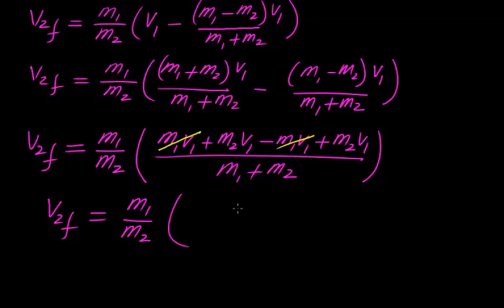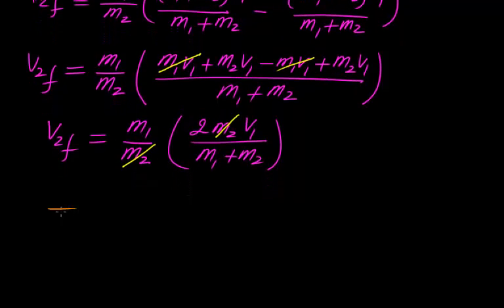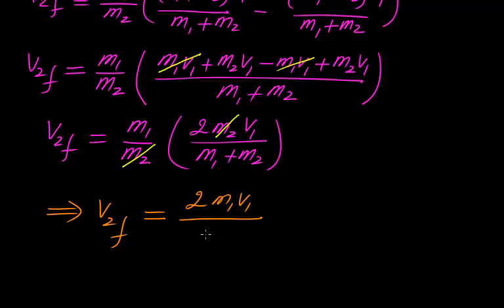The term left in the numerator is 2 times m2 v1 divided by m1 plus m2. This m2 cancels with this m2, and the final expression for v2 final is going to be 2 times m1 v1 divided by m1 plus m2.